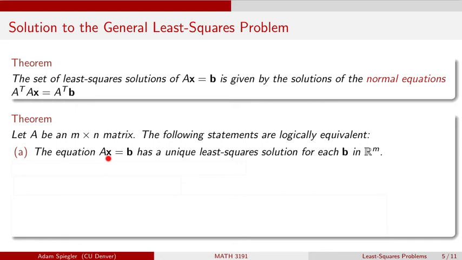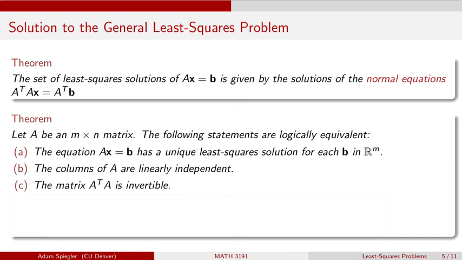That the least squares solution to the equation AX equals B is going to be unique, and that's going to happen as long as the columns of A are linearly independent. Since if the columns of A are linearly independent, then that's going to tell us that the matrix A transpose A is going to be invertible.